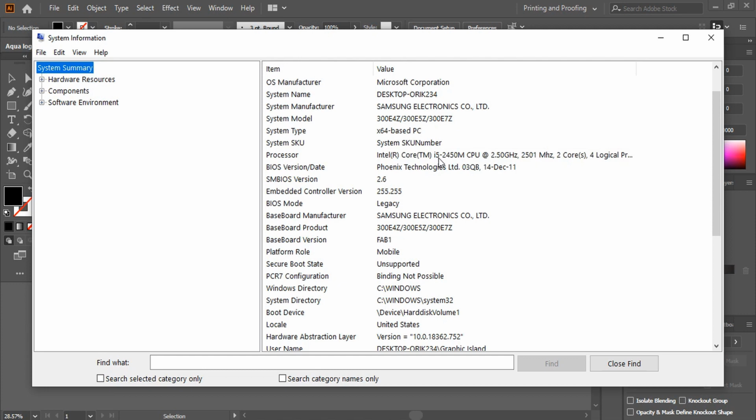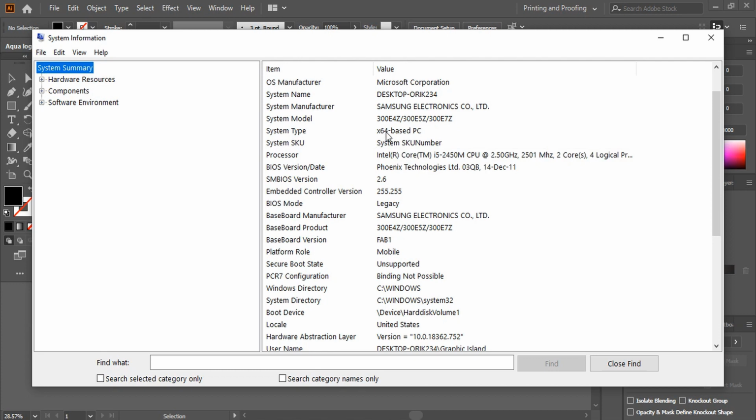So you need to have i5, and those specifications, just note them down: 4 logical processors, 2 cores, 2.50 gigahertz.